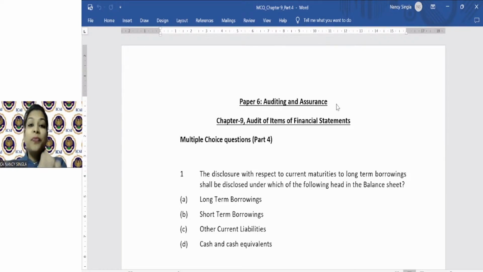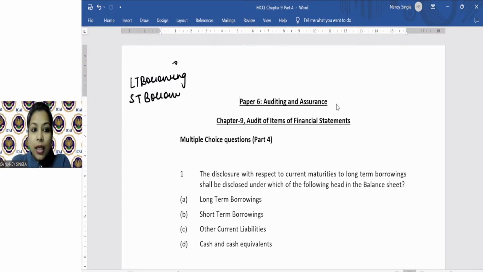And students, as in the last session, I have already told you that with respect to this topic, definitely I'm going to give you 2 or 3 MCQs. So today I've given you those MCQs with respect to the disclosure requirements of long term borrowings, right? I told you last time, the short term borrowings one and the other current liabilities one.